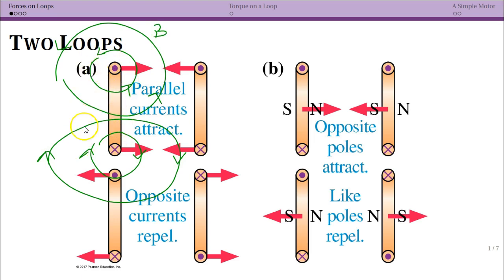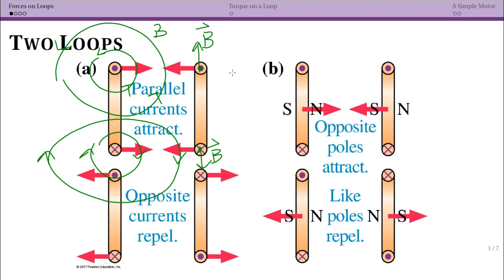And again, we're thinking about it caused from this wire. But let's now think about what that's going to look like over here. So again, the magnetic field at this point from the loop to the left is going this way, and then here it's going that way.